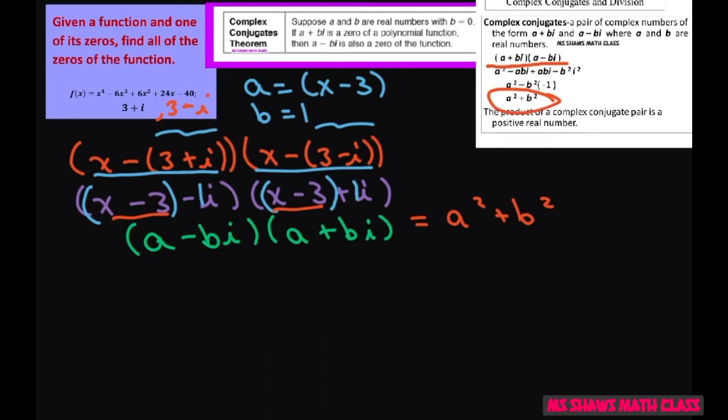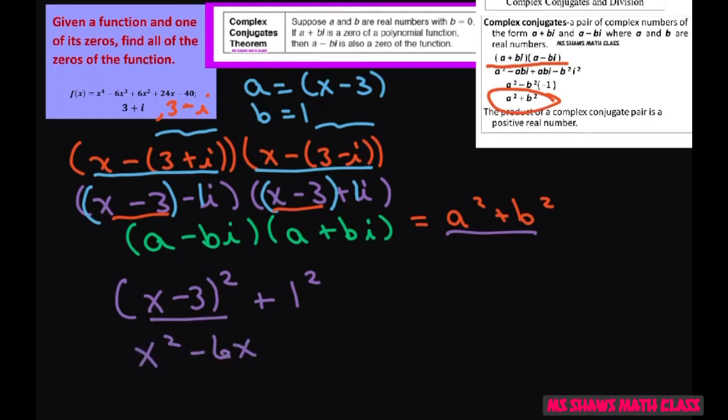So now all I have to do is use my formula. So I'm going to put (x minus 3) squared plus b squared, 1 squared. Expanding this, you get x squared minus 6x plus 9, and then add your 1. So we end up getting x squared minus 6x plus 10.